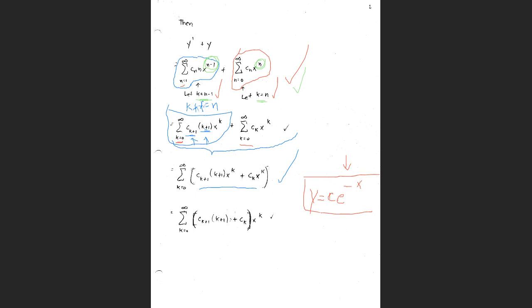So can we get a power series representation of this solution by manipulating the power series? And the answer is yes, because what I'm going to do is factor out, in this term here, a common factor of x to the kth power. I can factor that out and rewrite the power series.